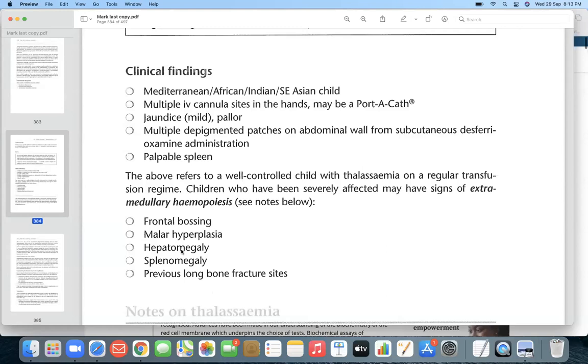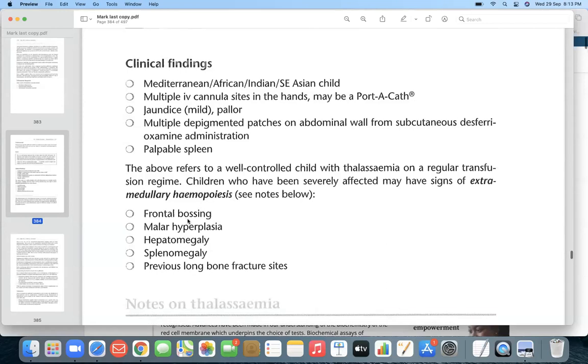Suppose if this is a history case, you have to ask all these questions, like any facial features the mother is noticing, or any time he had fractures. Frontal bossing, malar hyperplasia, hepatomegaly, splenomegaly, previous long bone fractures are all the indications for extramedullary hemopoiesis.